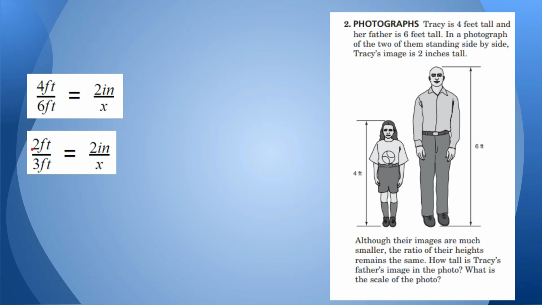Notice now that we're dealing with feet and inches, but we're looking at it as it transfers to the scale. 2 feet equals 2 inches here. So what about 3 feet? If 2 is on top, then 3 is on bottom, on both. So X is going to equal 3 inches.